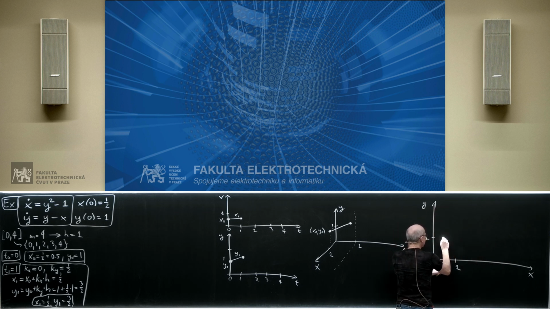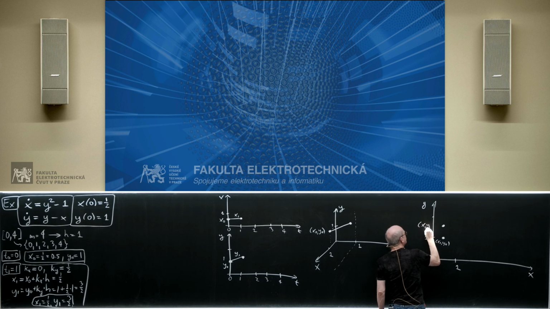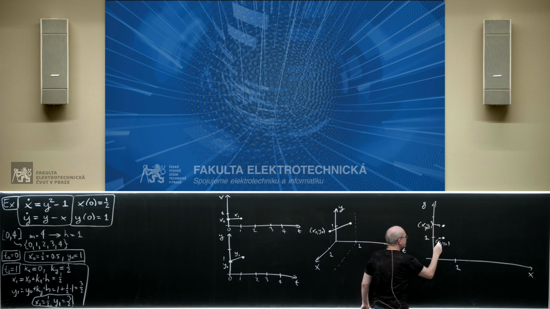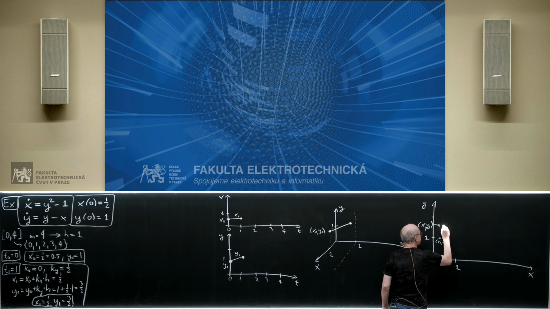This is the starting point, x0, y0. And the next one is 1/2 and 3/2, which is over here. So this is x1, y1. I see the location at time 0, location at time 1. We are going this way, by the way.